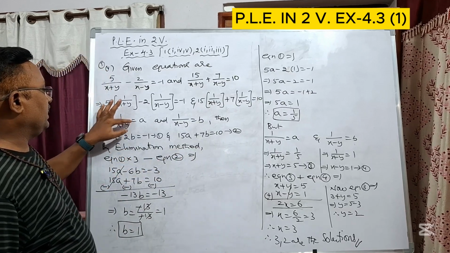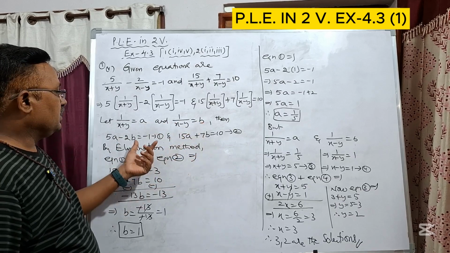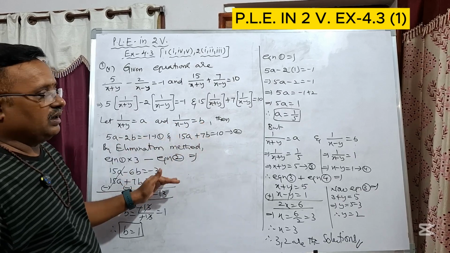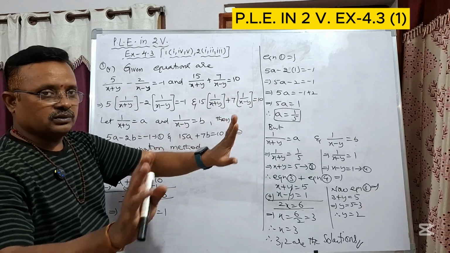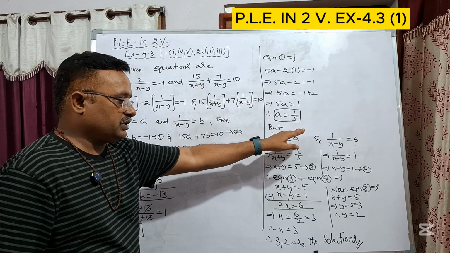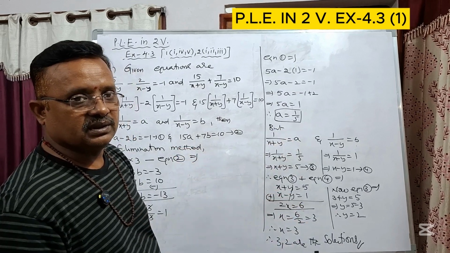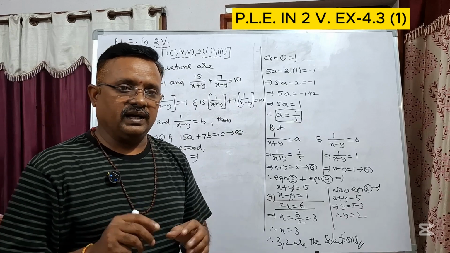The reciprocal form of the variable has to be taken as new variables. You will get PLE, solve them, you will get a b, those are not final answers. From them, by substitution, get the original variable values. This is the process.